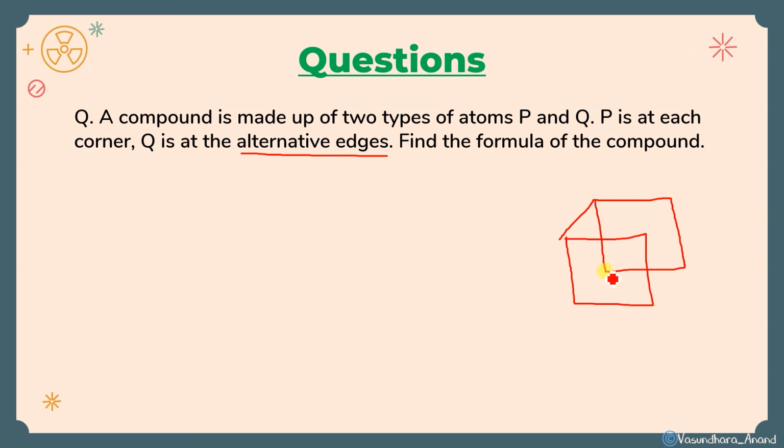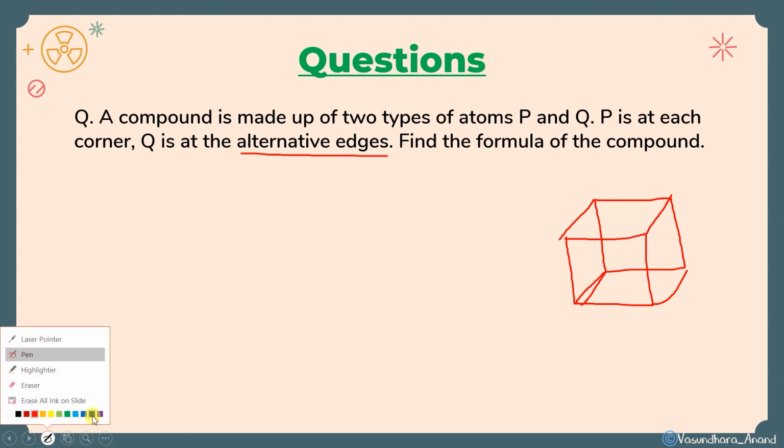Okay, how? Let me show you, to understand this, okay? Here the particle is going to be kept on this edge center. So let me put this one over here. It should be alternate; in whichever direction you go, it should be alternate. So I am keeping 1 here.